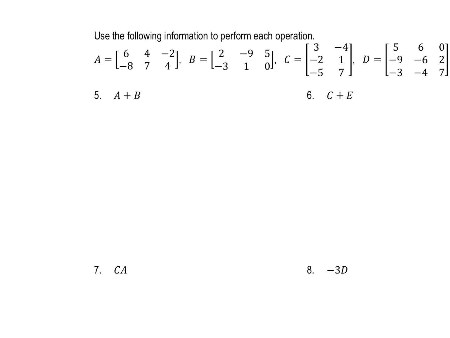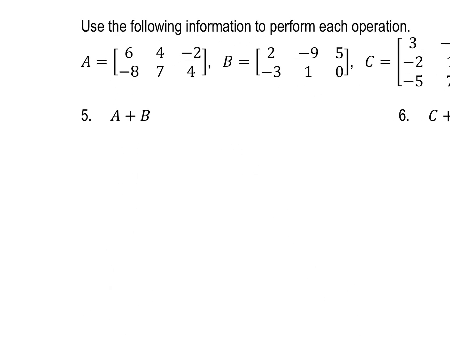All right, so looking at 5. 5 says we have to add a plus b. They're the same size, so we can add them together. So we add the first number with the first number. 6 plus 2 is 8. 4 plus negative 9 would be negative 5.